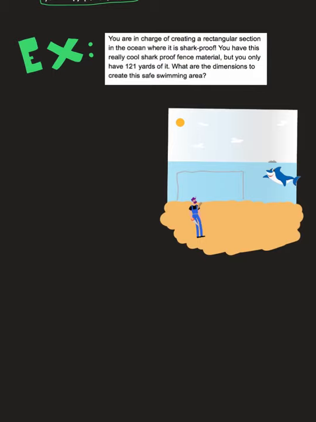Okay, so looking at our picture to the right, let's label a few things. We've got our fenced off swimming area, and we've got a width and another width and then a length. And obviously we don't need to fence off the section to the beach because that's already a place that the sharks can't go.